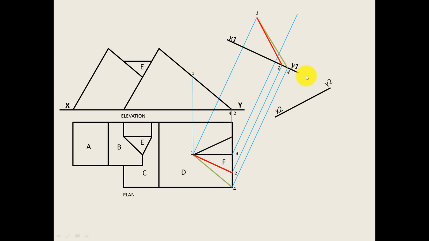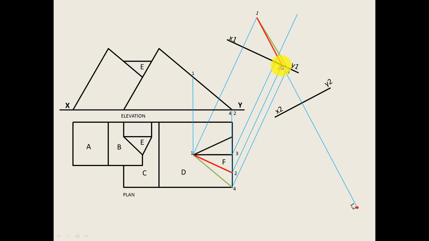So what we want to do now is we want to get a point view of our line of intersection, and to do that we need to look perpendicular to it. So we construct an x2, y2 at 90 degrees to our line of intersection, and we're going to project our points down along 90 degrees to that view. So that is our line 1, 2 projected down. Now we can see we have our point here. This distance taken from our x1, y1 back to those points in plan.